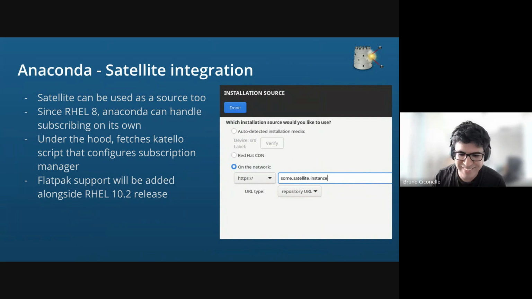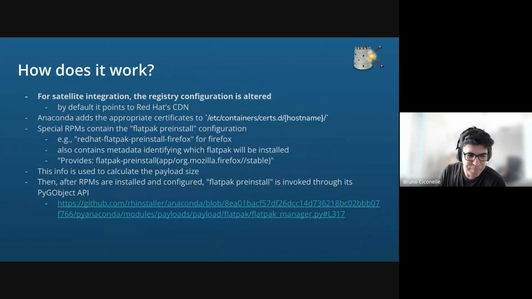We can move to the next one. So how does it work? On Satellite integration, we change the default registry that you use to fetch Flatpaks, because the default would be pointing to Red Hat CDN. So we point instead to the one that Pulp serves under Satellite.